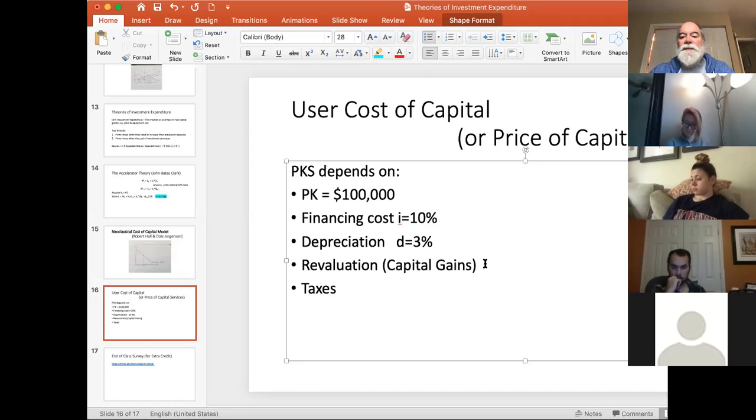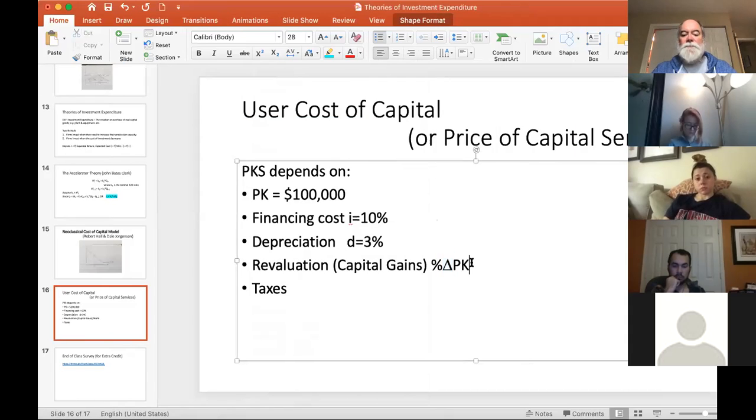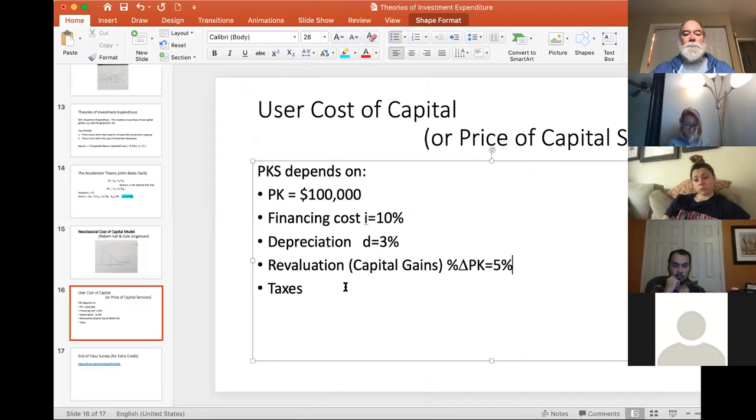And let's suppose that the percent change in PK is 5%. And suppose your average tax rate is 7%. And we're defining taxes as a percentage of the value of the asset.